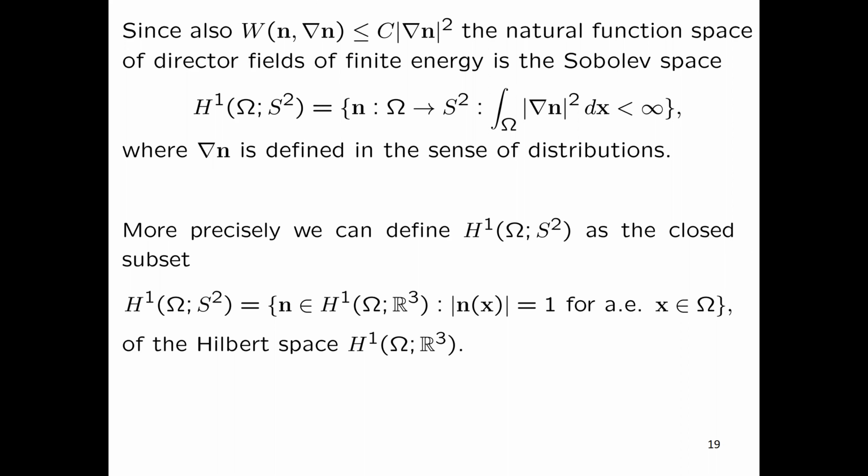So it's a set of maps which are in L2 and their weak derivative, gradient of n, is in L2. And so if I look at the subset of H1 which satisfies that the absolute value of n of x is 1 for almost every x in omega, then that gives a rigorous definition of this Sobolev space.